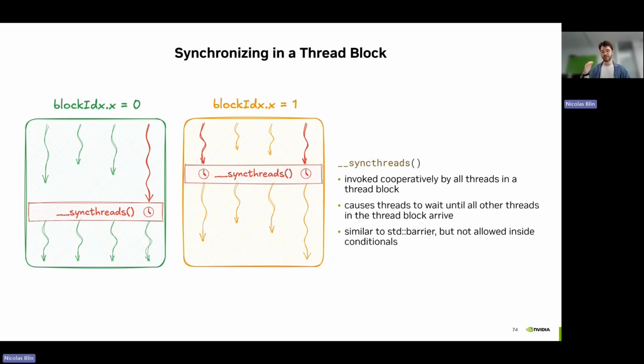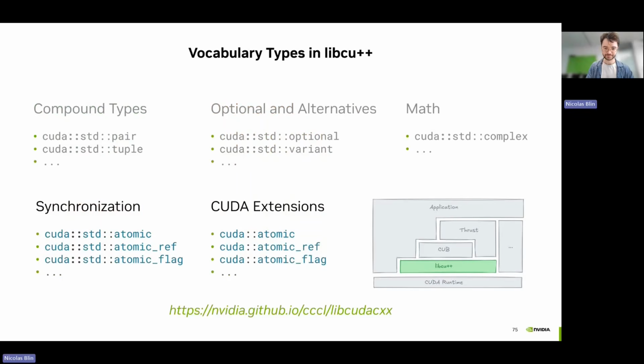When a thread reaches this barrier, it waits until all the other threads in the thread block also arrive at this barrier. In that sense, it's similar to what we have in the standard C++ library called std::barrier. But there's one important difference here. Every thread in the block must call syncthreads from the same logical path.